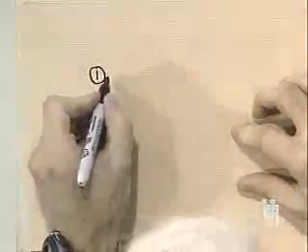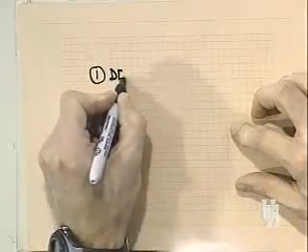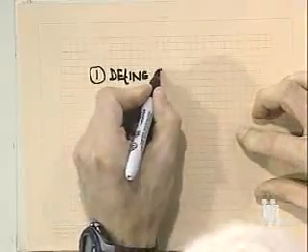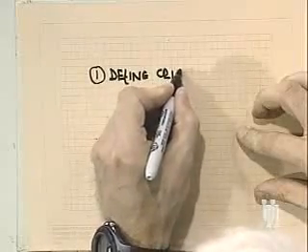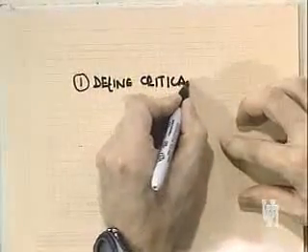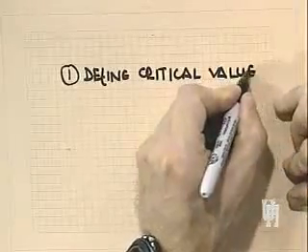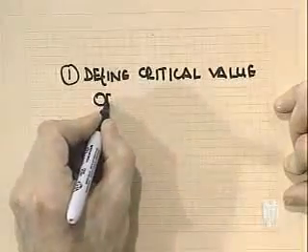Step 1 is to define the critical value of the test statistic.